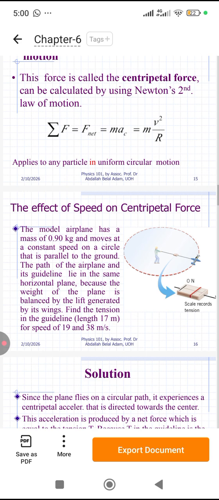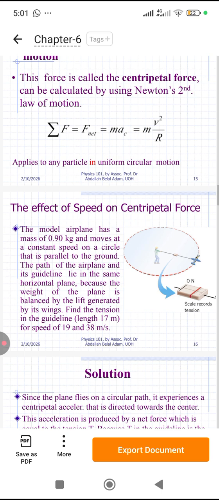The path of the airplane and its guideline lie in the same horizontal plane, because the weight of the plane is balanced by the lift generated by the wing.